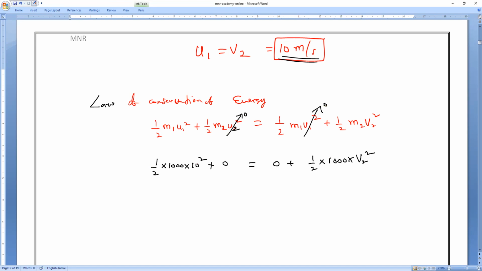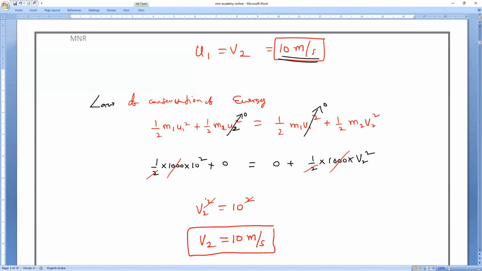Now observe, both sides 1000 gets cancelled, 2 gets cancelled. So v2 square is equal to 10 square. Both sides the square gets cancelled. What is the v2 value? 10 meter per second.